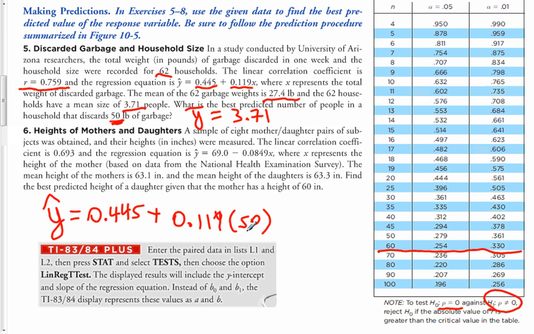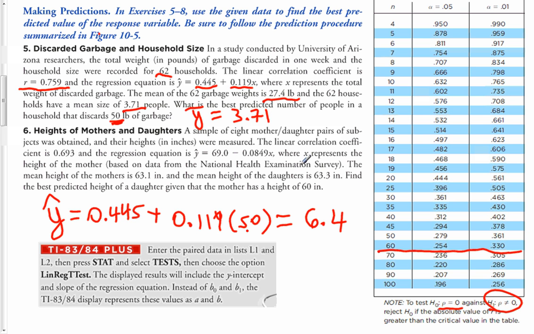So let's go ahead and calculate that. So we get Y hat is equal to 6.4 people. Okay, so that is the case here where there was a linear correlation between the two variables.